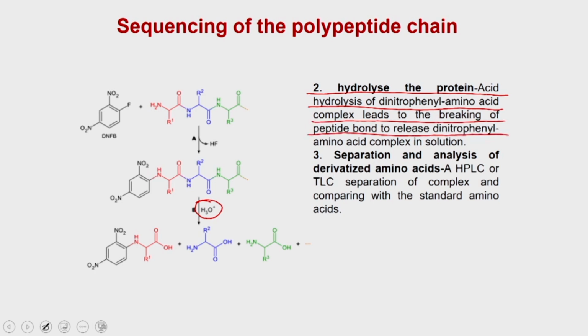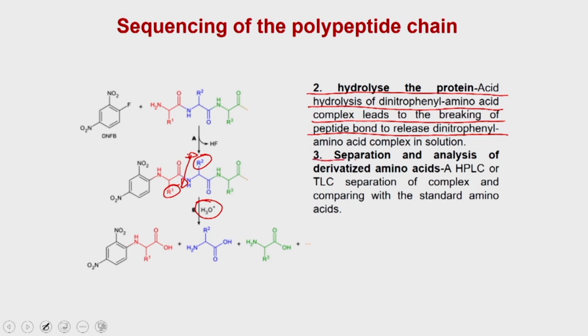So, once you do the acid hydrolysis, the peptide bond is going to be broken between R1 and R2, and as a result the first amino acid is going to be released along with the complex. So, the dinitrophenyl amino acid complex is going to be released, and the remaining peptide chain will remain intact.